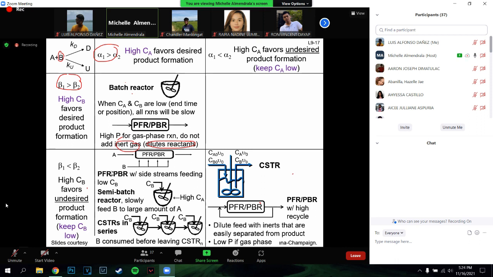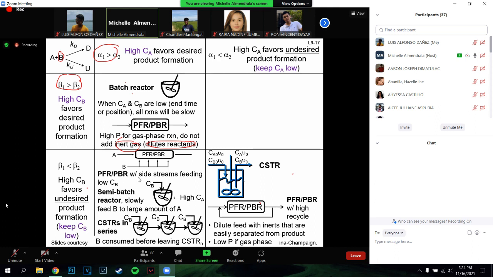So this one will be less again. The desired is B1 less than B2, and in this case, you have alpha 1 greater than alpha 2. So for this one, alpha 1 is greater, so again CA must be higher.